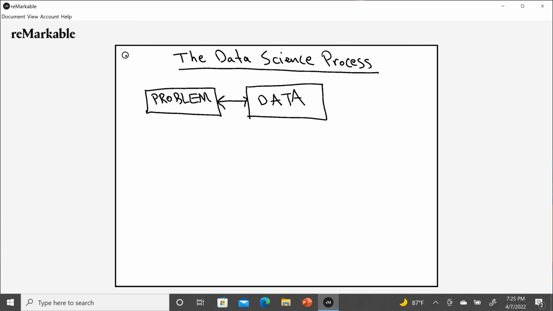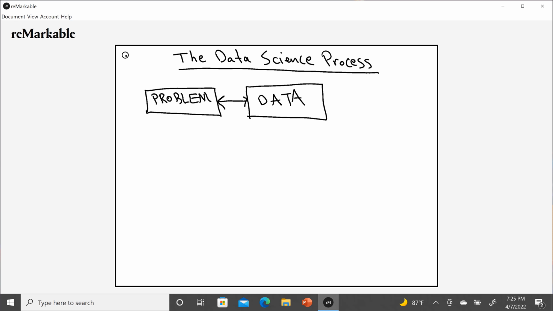So you have to go back and forth between understanding the problem, the business requirements, and the data that's available to you or the data that you can collect. At some point you're going to decide that you understand the problem you want to solve, and you think you have the right data to apply to this problem.